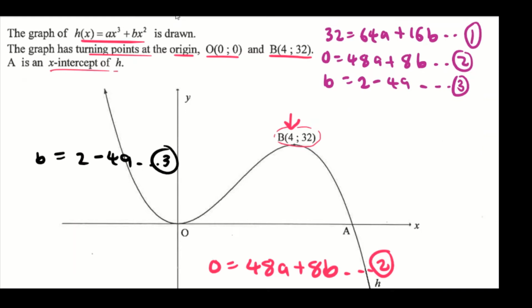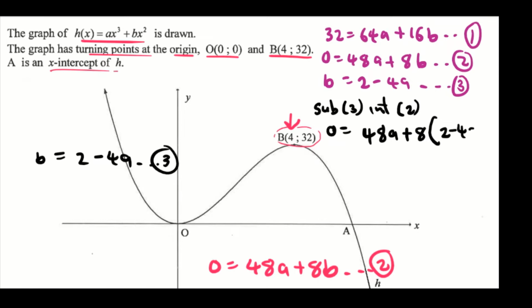So what we're going to do is substitute equation 3 into the unused equation, which is equation 2. It's going to be 0 equals 48a plus 8 into, where there's b, I put 2 minus 4a. 0 equals 48a plus 16, because it's 8 multiplied by this 2 here, and then 8 multiplied by this is minus 32a.